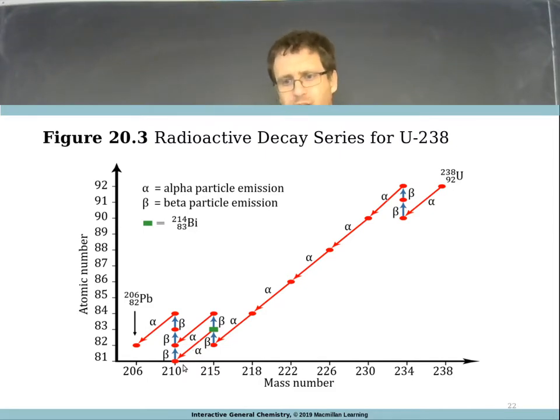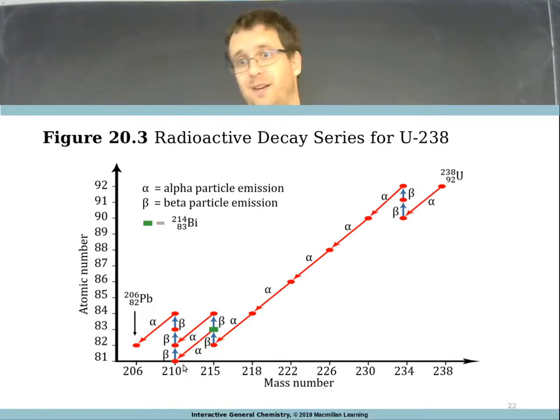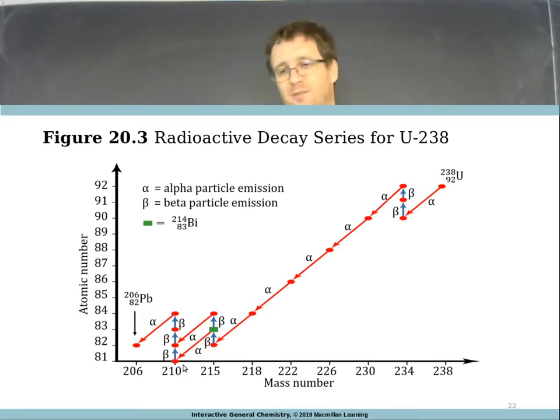And you can see that uranium-238, when it decays, starts quite an impressive chain of different radioactive processes. One alpha decay followed by a beta decay followed by, what is that, 4 or 5 alpha decays followed by one beta decay. At that point you have an isotope of bismuth that can undergo both alpha and beta decay.